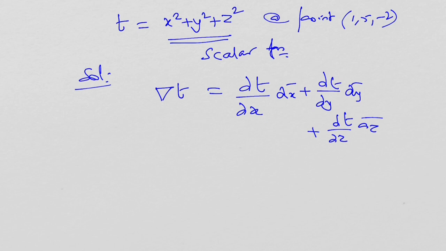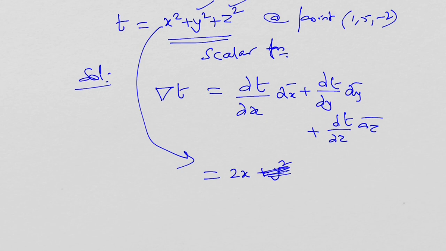So if you take the function and differentiate with respect to x alone, of course the second and third parts will become zero. So the first component will become 2x into ax, plus, if you look at the second component, 2y into ay, plus 2z into az.